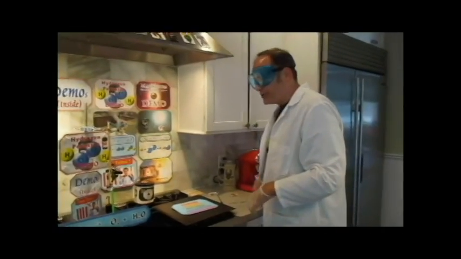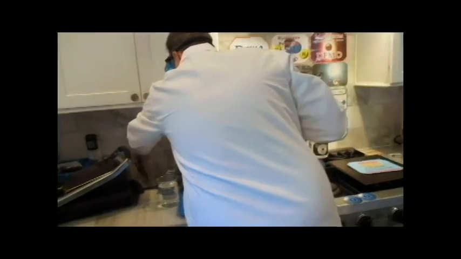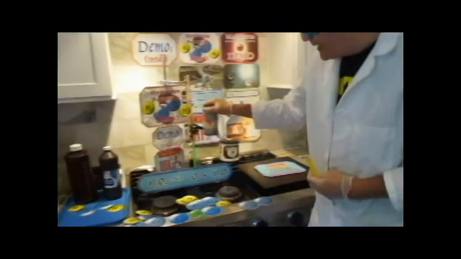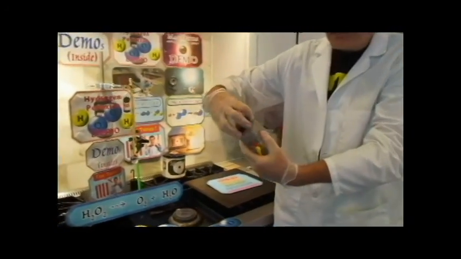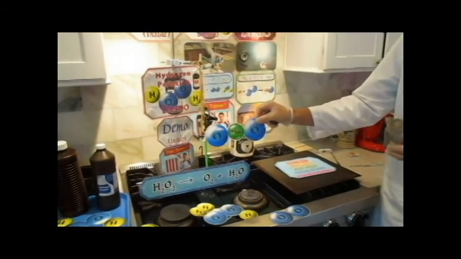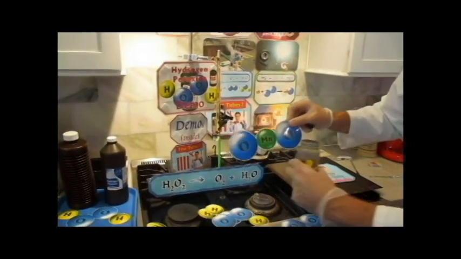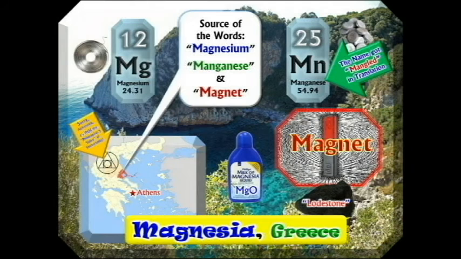So what we're going to do to speed it up, oh, I've got something here. I've got something we can use. I've got a little catalyst. Catalyst is a chemical which speeds up reactions. Well, this catalyst is called manganese dioxide, MnO2. Don't get that confused. That's not magnesium.